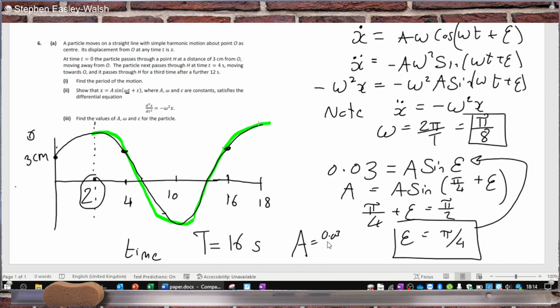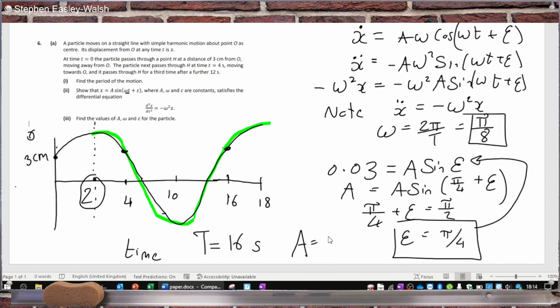That's 1 over root 2. So it's going to be 0.03 times root 2. I don't think there's anything nice we can do with that. And maybe I should stick it back to centimetres since the question gave it in centimetres.